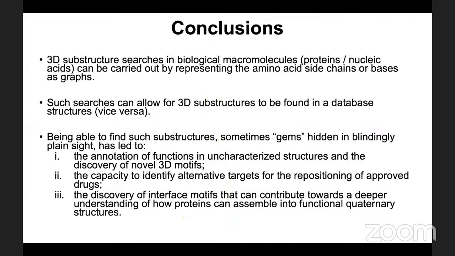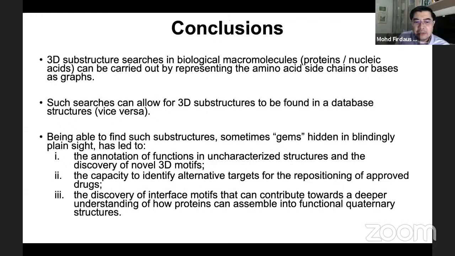Okay, and the annotations of this have also allowed us to explore alternative targets for the repositioning of approved drugs. And we've got collaborators who are using DrugRepoSer to actually identify drugs for certain types of cancer.